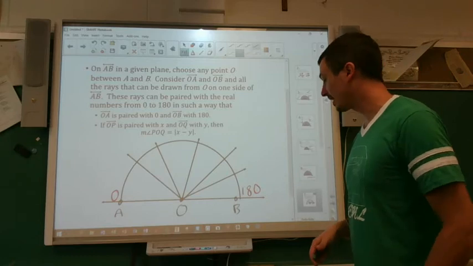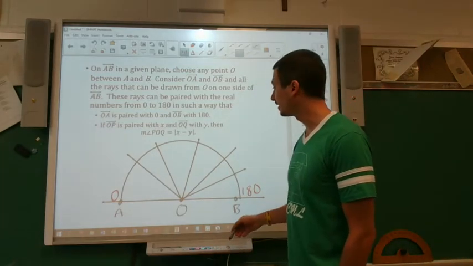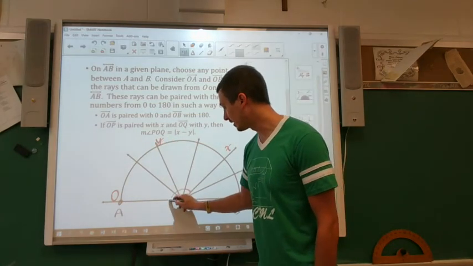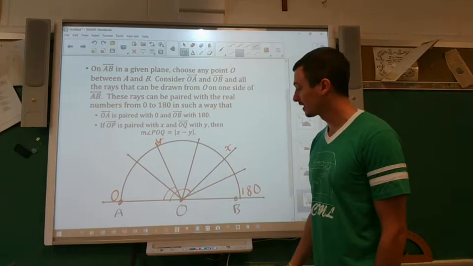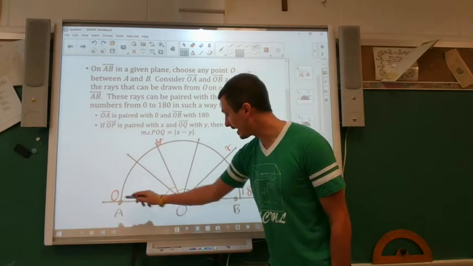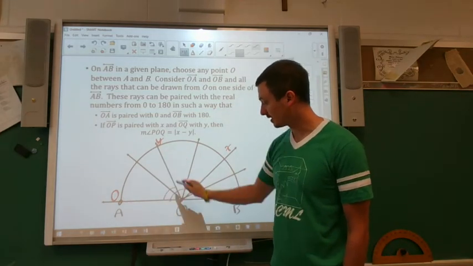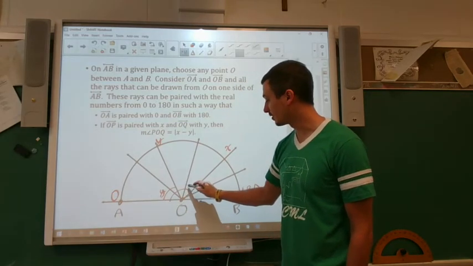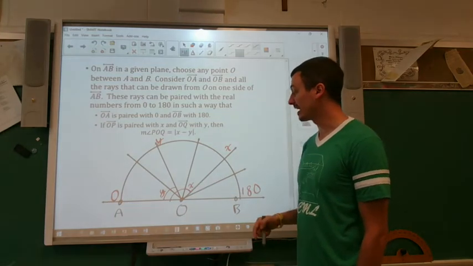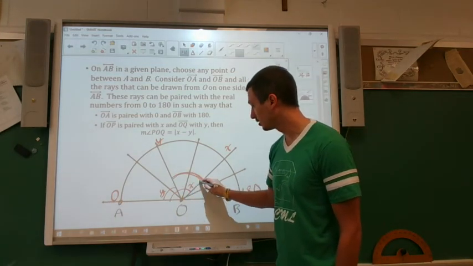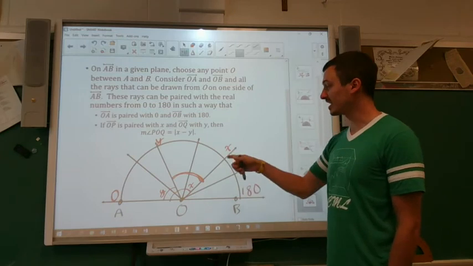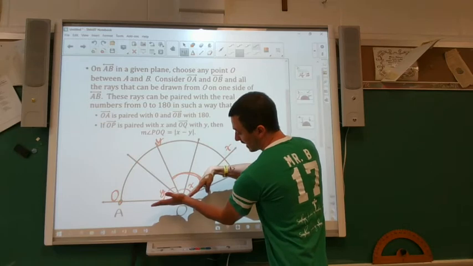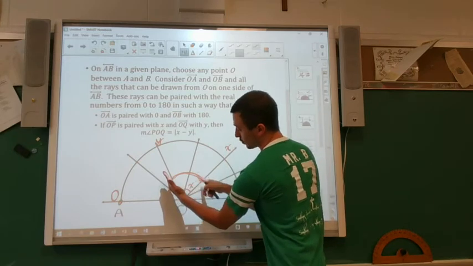Similarly, if we have some angle, let's call this angle X and this angle Y. So we have this angle X and that angle Y. So from OA to this line here, that's going to be angle Y, and this is going to be angle X. So we can actually find this angle in here by taking the difference of X and Y. So essentially, if I have this whole pie piece here, and I subtract Y, this is what I'm left with.